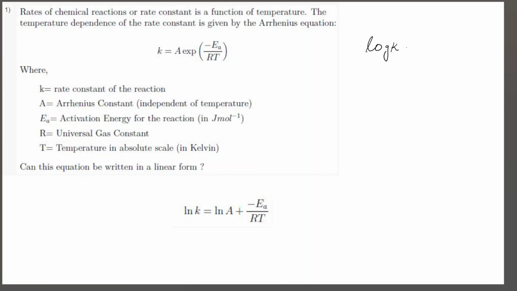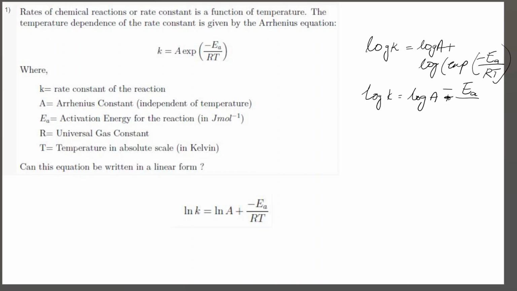Log of k is equal to log A plus, since it is an exponential, log of exponential of minus E by RT. So we can simplify it as log k is equal to log A minus E suffix A by RT. This is the same equation in linear form.